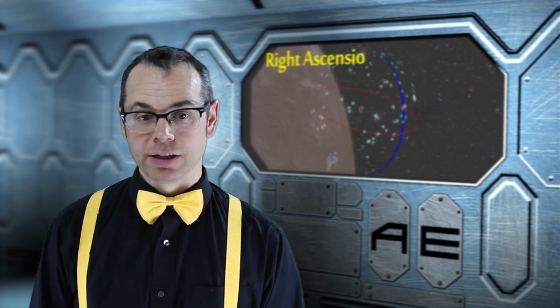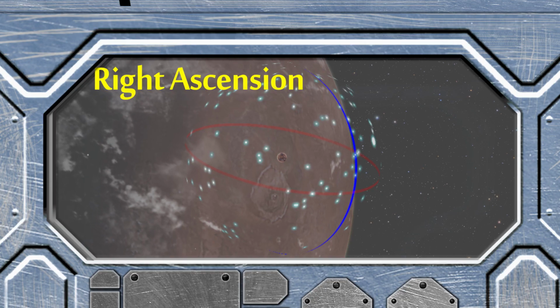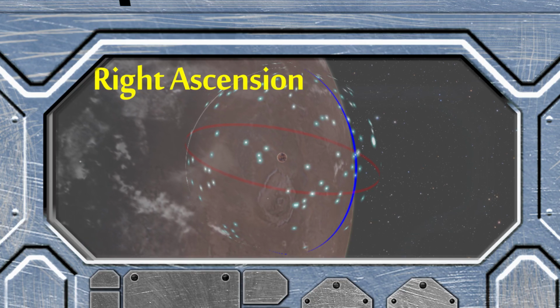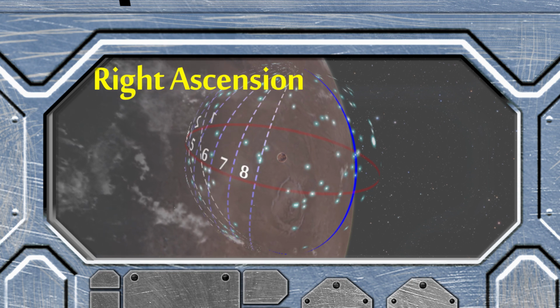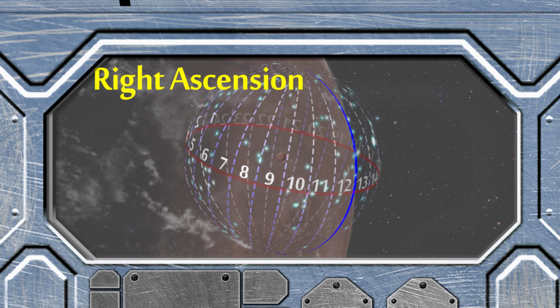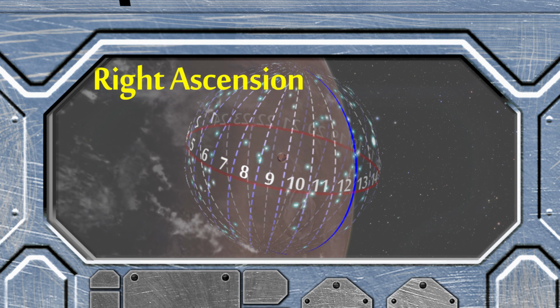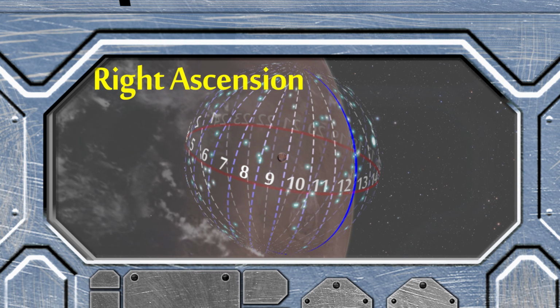However, instead of latitude and longitude, celestial coordinates are given in right ascension and declination. Right ascension is a star's location along the celestial equator. The units given are in hours, which can then be broken up into minutes, seconds, and so forth for greater precision.